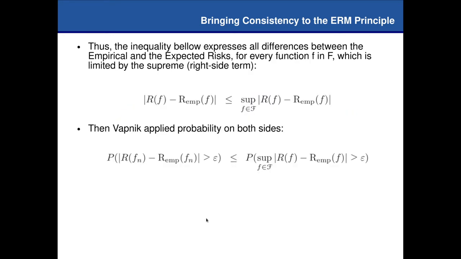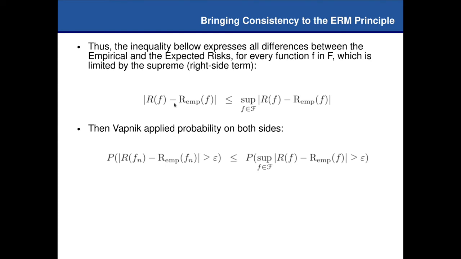Okay. Over here we have what Vapnik did. So he came up with this formulation. If I just select a given function f inside my algorithm bias over here, I can say that this is the divergence. But what's the worst case? The worst case is always going to be greater than or equal to this guy over here.